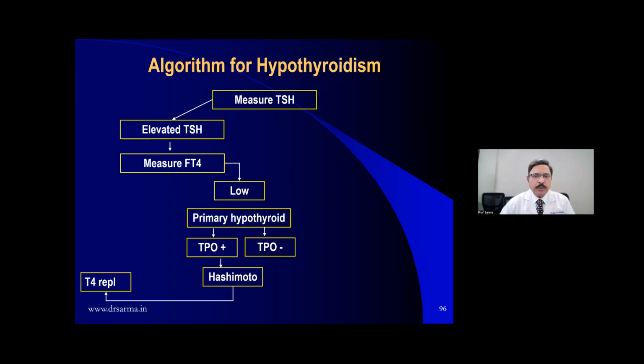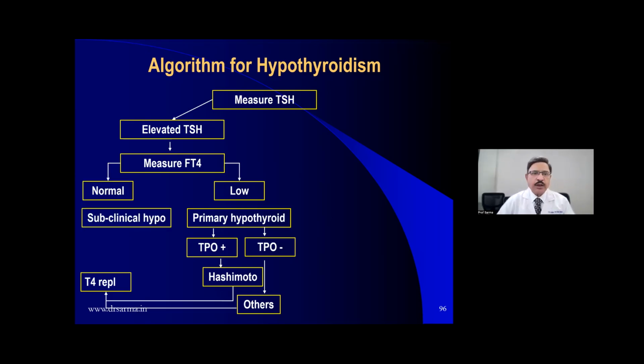TPO positive means you immediately put them on T4 replacement. TSH is elevated, FT4 is low, primary hypothyroidism confirmed, TPO positive, Hashimoto's disease, T4 is the treatment. If TPO is negative, then it could be other forms of primary hypothyroidism. That is only for the diagnosis sake, otherwise treatment is T4 replacement.